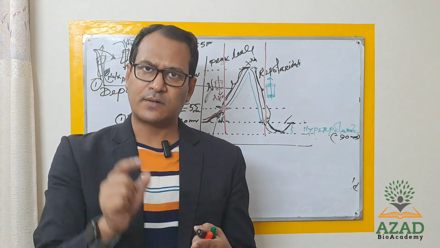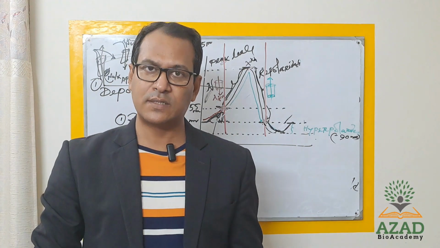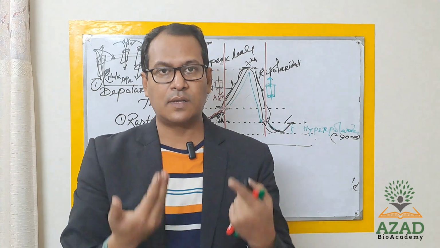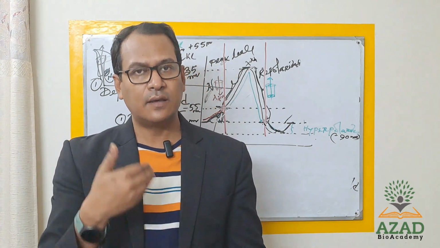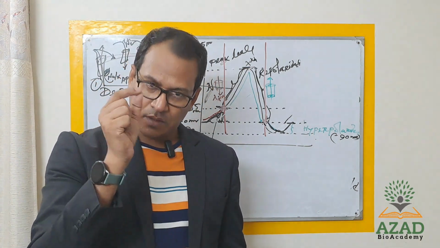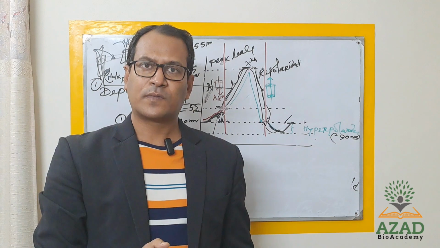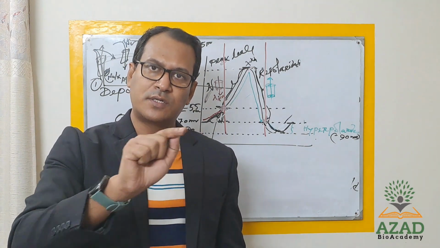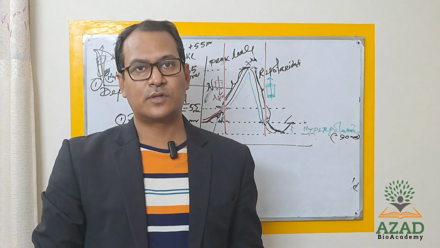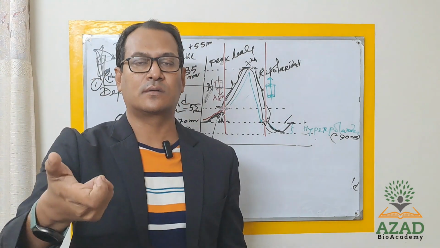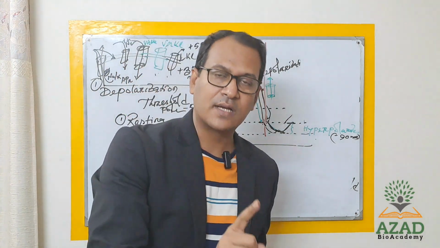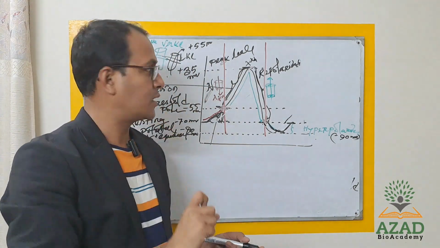That period is only a few milliseconds, but it is very important. If you repeatedly apply stimulus to a particular nerve cell, when it reaches the threshold it will start its work and complete one action potential, then it will take another one to give its response. That means the second stimulus will not work at that time.